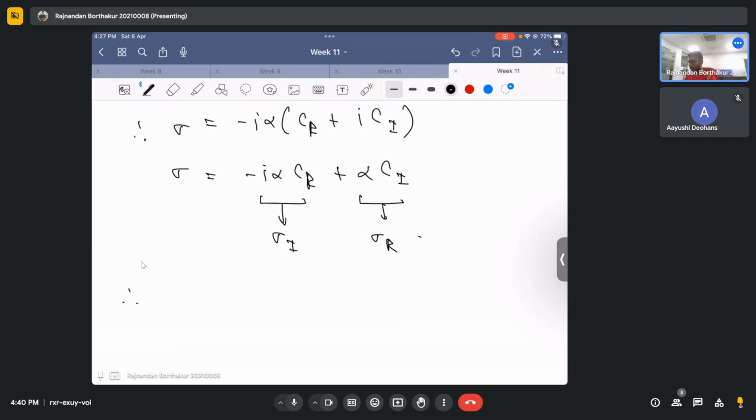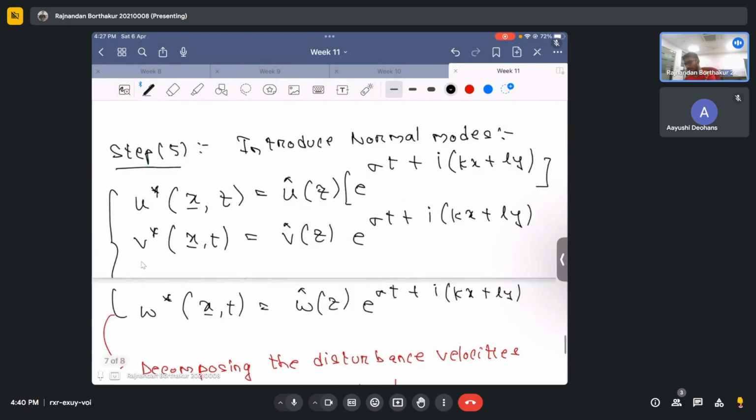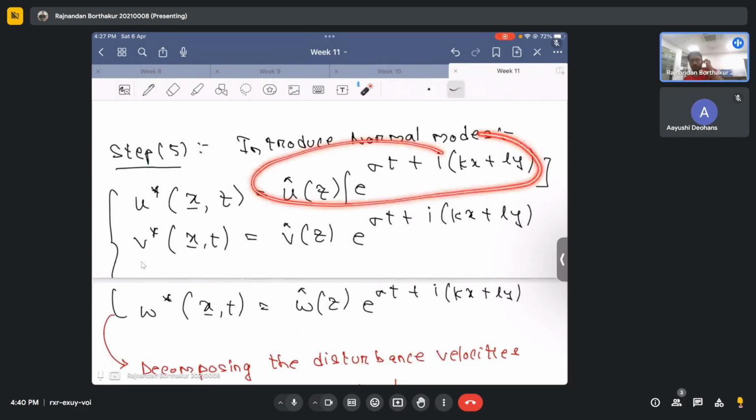Therefore, we can get a very interesting conclusion here. In this term of the normal mode that we write, which variable dictates the stability? Sigma, right? It's essentially e power sigma t.